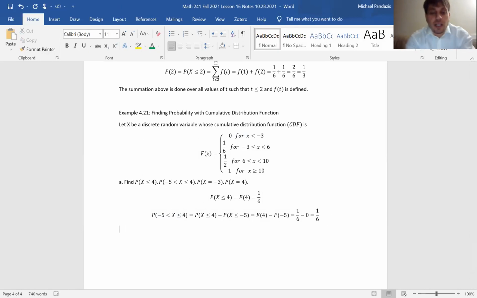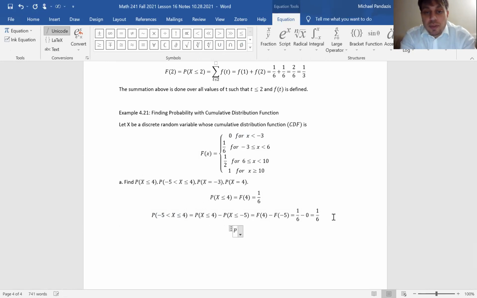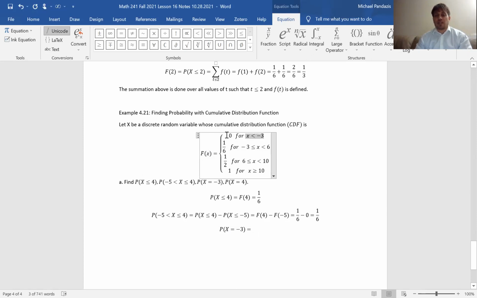Okay. The probability that x is equal to -3 is equal to, well, the cumulative distribution function for any little x less than -3 is 0. So up to any number less than -3, the cumulative probability, the sum of the probabilities, is 0.